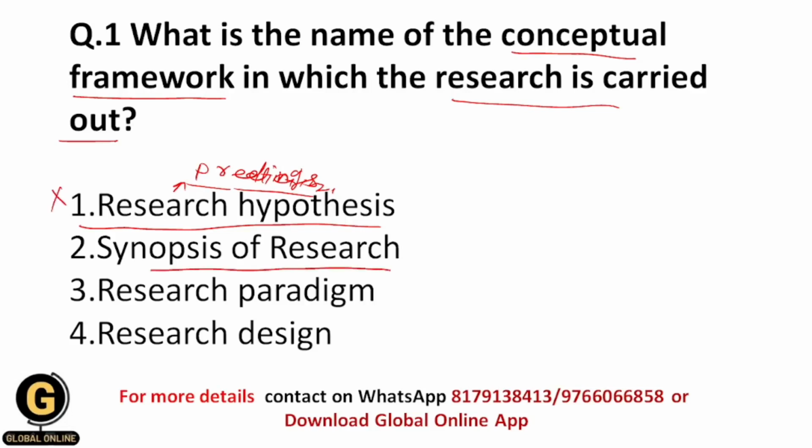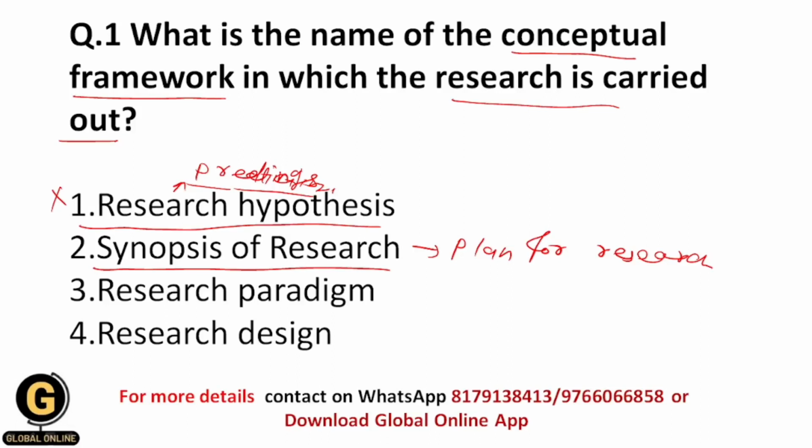Second is synopsis of research. Synopsis of research is the plan for research. It is the basic planning for research, and this part includes the statement of problem, then research objectives, hypothesis, procedure, and simple study design, then a sample to be selected, tools to be developed for collection of data, and quantitative and qualitative techniques used for analysis and interpretation of data.